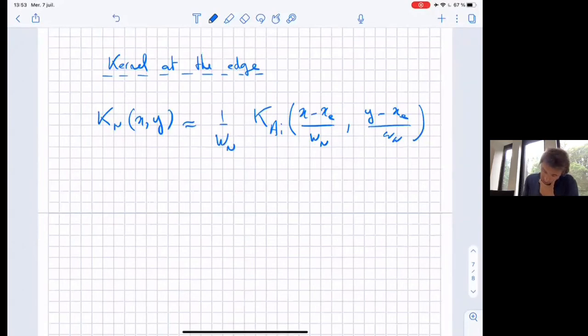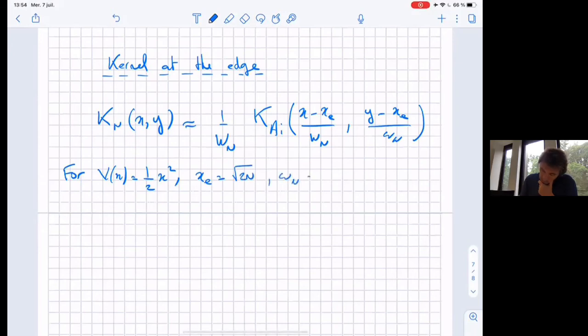Again, I should say that for the harmonic oscillator, x edge is basically square root of 2n, and w_n. You remember that in the random matrix context, I was estimating the width of the fluctuations, and the width in the eigenvalue language was n to the power minus 2/3.